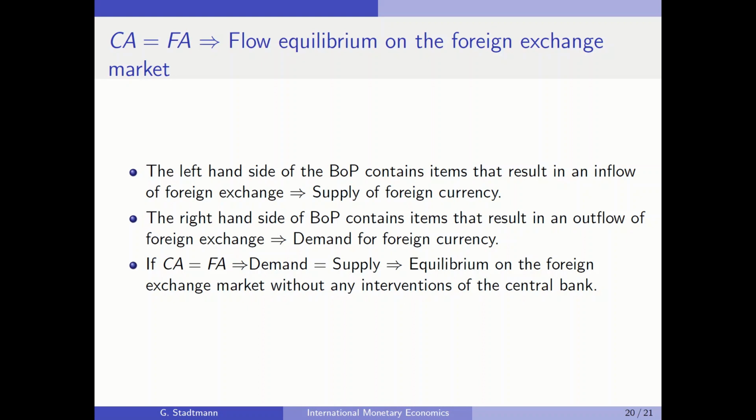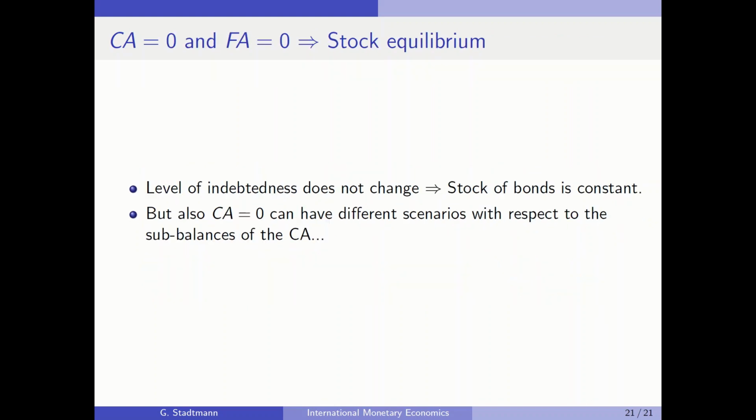One different form of equilibrium is the so-called stock equilibrium. The stock equilibrium is characterized by the situation where the current account is balanced and the financial account is balanced. When the current account is balanced, then the stock of bonds does not change anymore. The stock of bonds is constant.